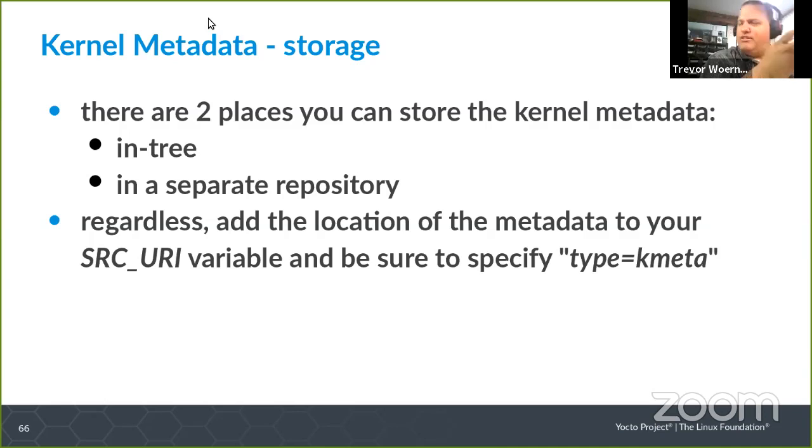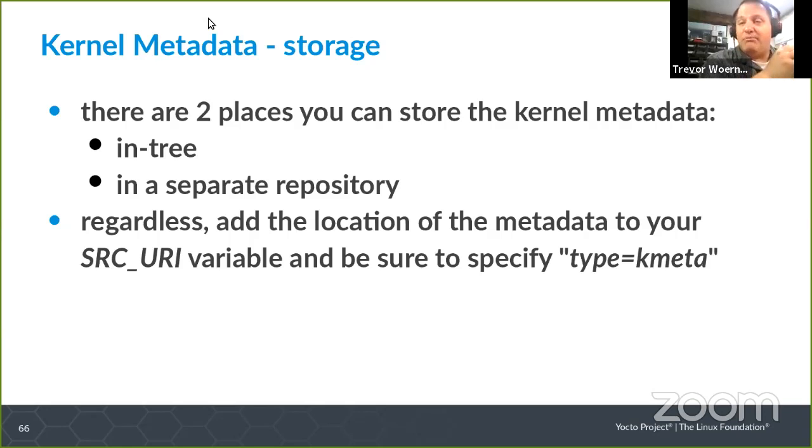When you specify a source URI at the end, there are options, like a branch option, or no deep clone or whatever. You simply specify the type option.